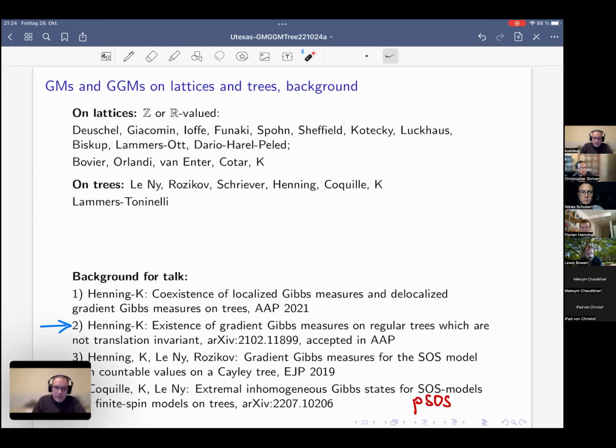Okay, so here is some background. People have worked mostly on the lattice, actually, over the last decades, and here are some names of people who've worked on this. It's also coming from statistical physics, popular to look at continuous height functions, R-valued height functions. And on trees, there are some people here, and also a recent interesting preprint by Lammers and Toninelli on this issue.